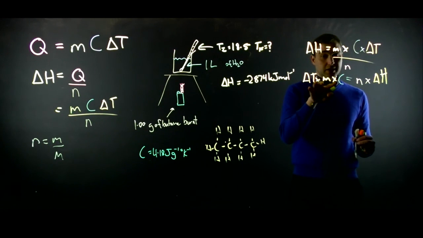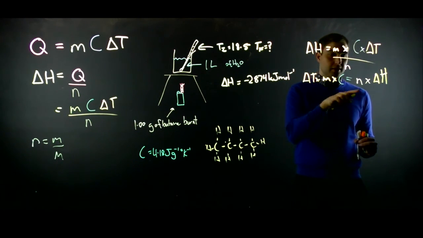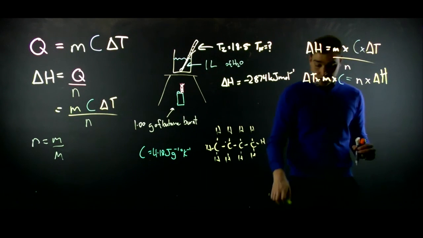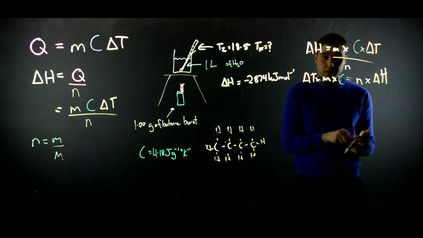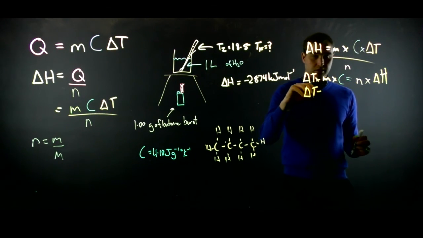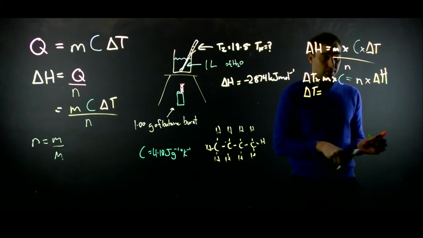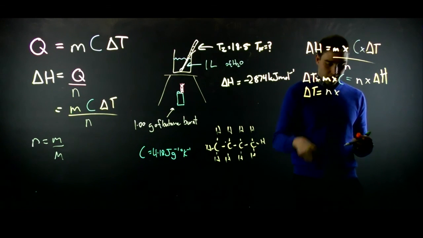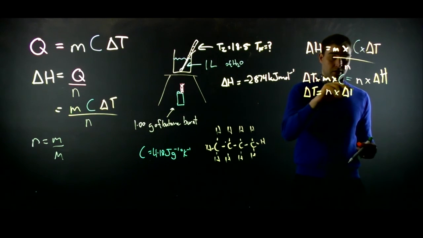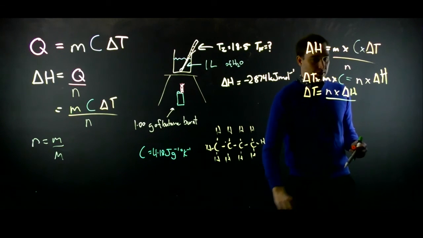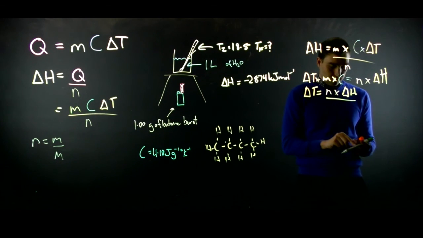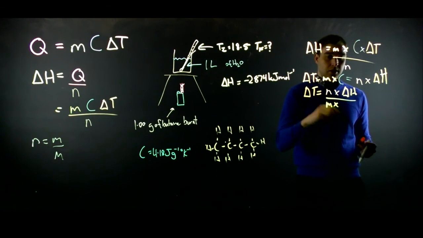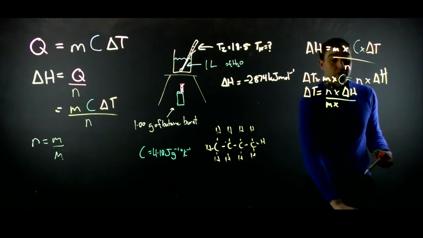Now we need to divide both sides by the mass times the specific heat. So if I do that, I'm left with delta T equals my number of moles times delta H divided by the mass, which is green, times the specific heat of water, which is blue.